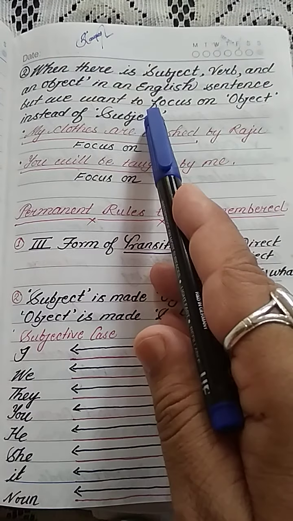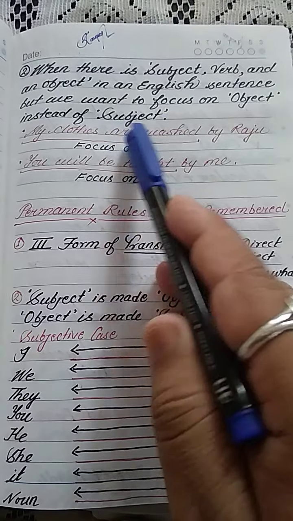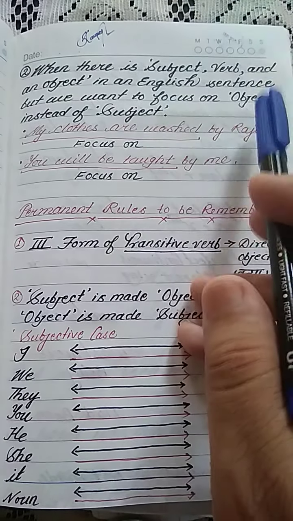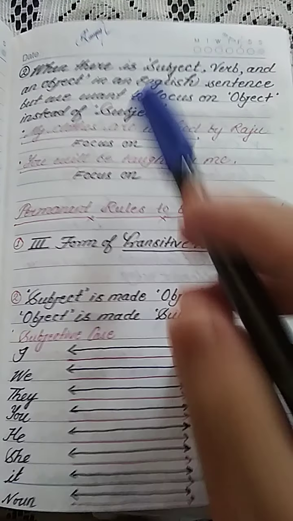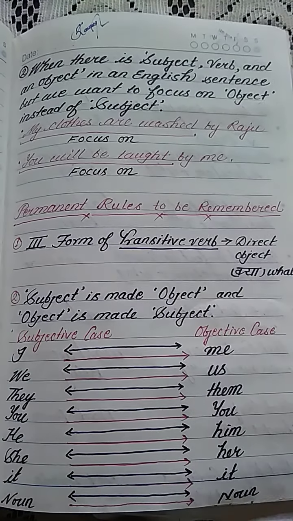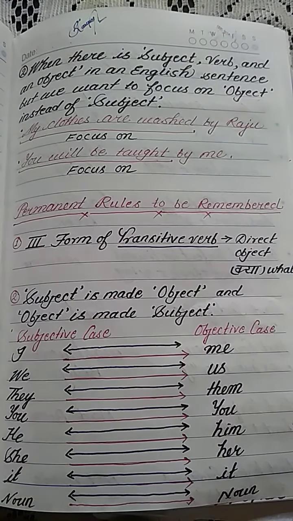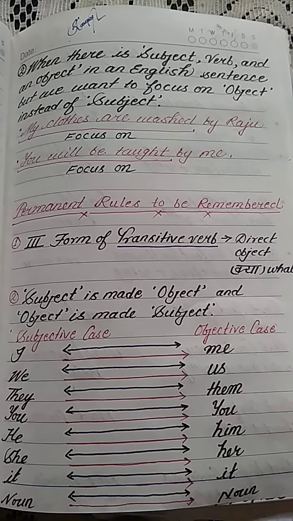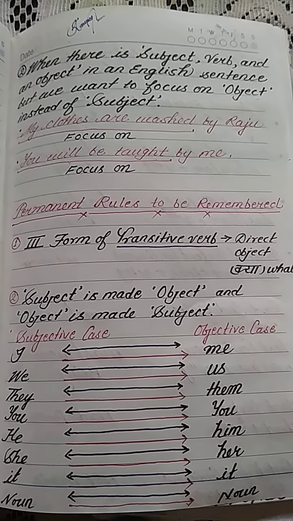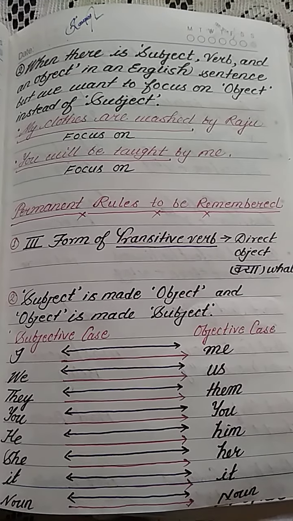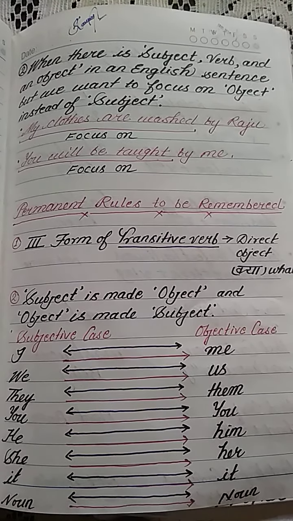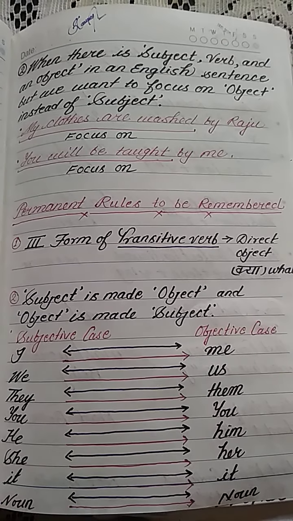It means you want to focus or you want to highlight the object, not the subject. In the earlier sentence, particularly in an active sentence, we were focusing on the subject, but here in passive voice we want to focus on the work. In such cases, we use passive voice.